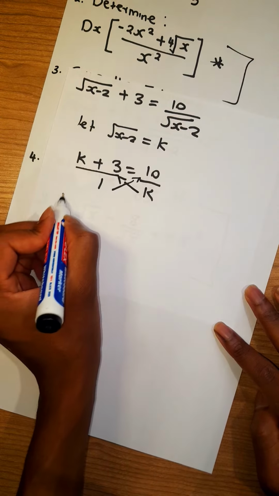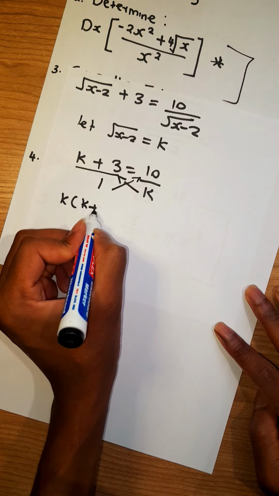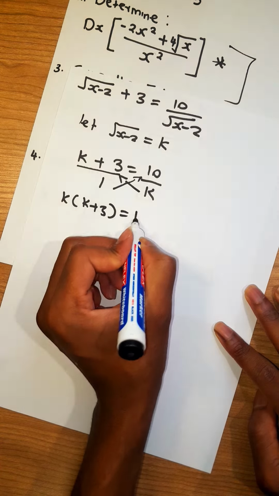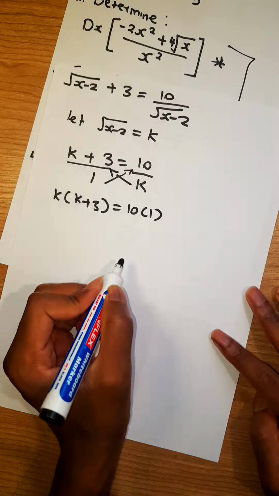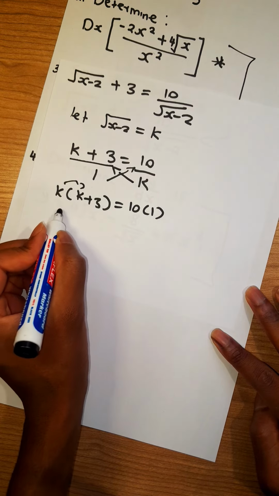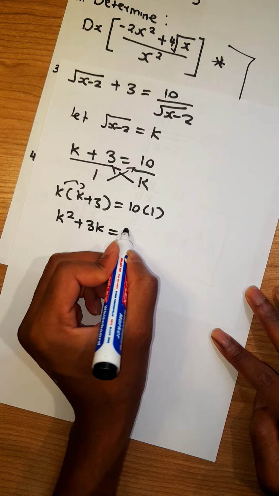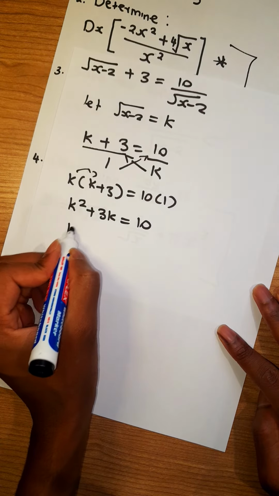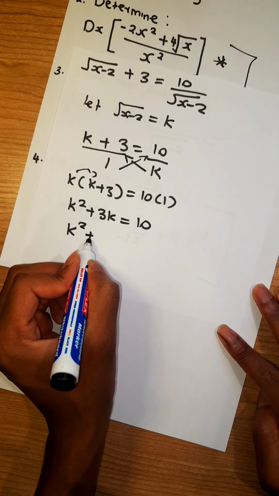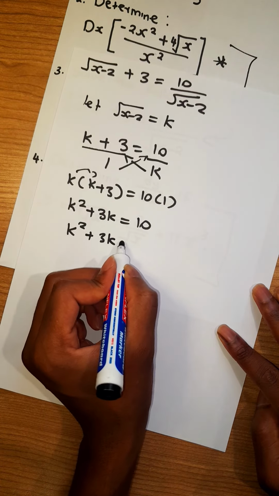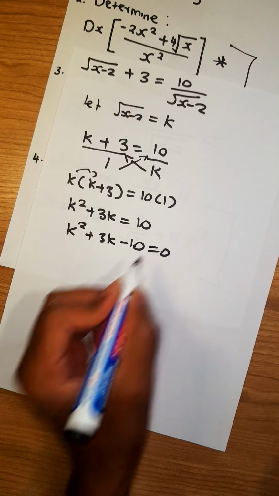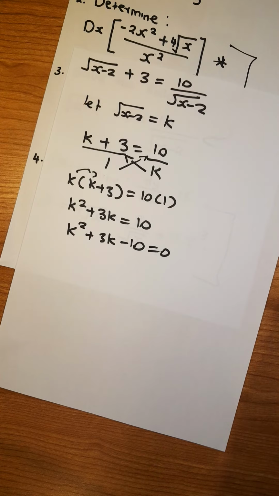So we're going to have k times k plus 3, and we're going to have 10 times 1. If we cross multiply, we end up having k squared plus 3k equals 10. So it means that k squared plus 3k minus 10 equals 0.